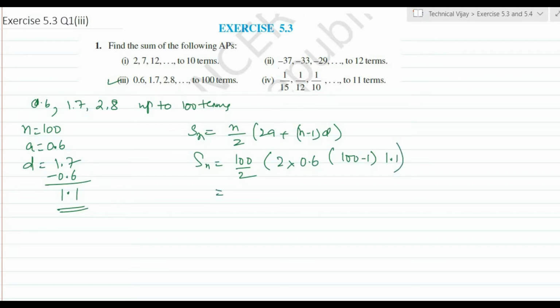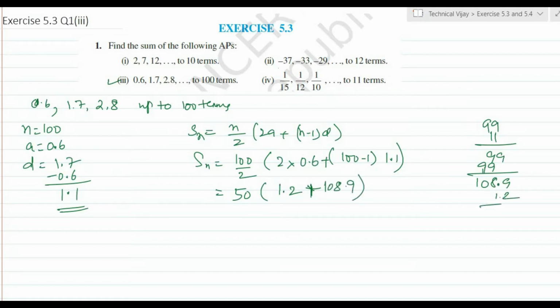So 100 by 2 is equal to 50. 2 into 0.6 is 1.2. Here 100 minus 1 is 99, this is plus. 99 into 1.1, that is 99 times 11, which gives 1089, that is 108.9. So here 1.2 will be added.